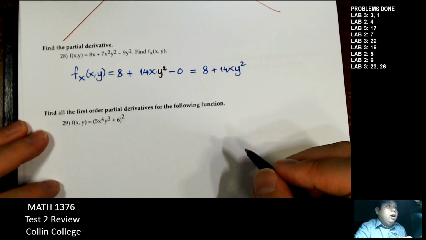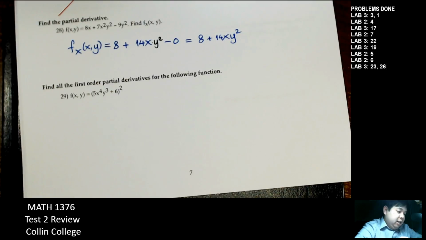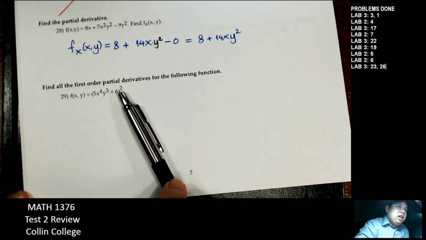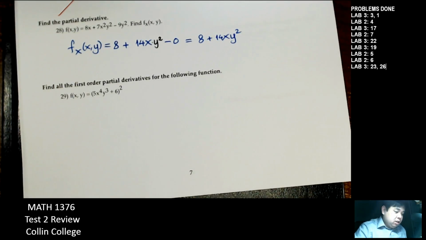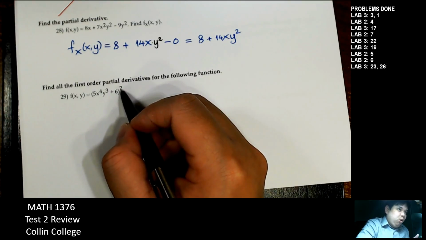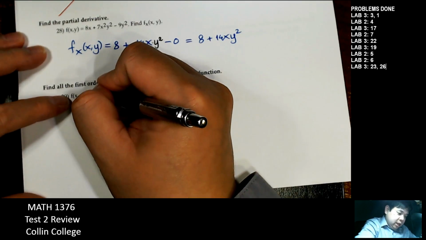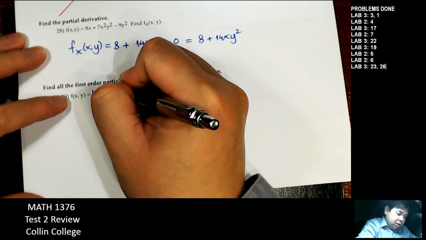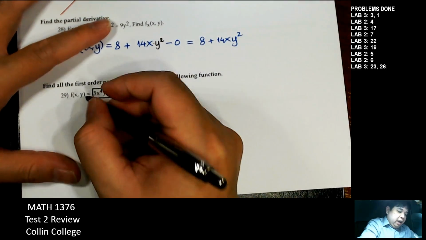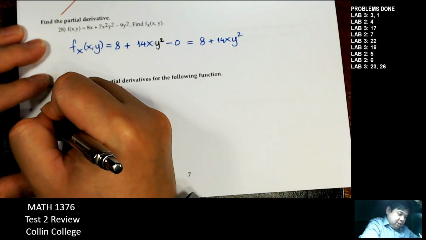Right. The next one, we can take derivative like that, but it requires the chain rule. The power square here we can actually multiply it out, but if it is different powers like 5 or 2.5, we cannot really multiply it out, so we use the chain rule. So I put this in the box. Let's take derivative with respect to x first.